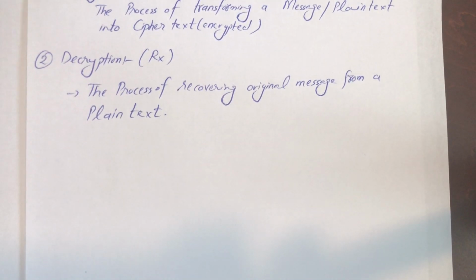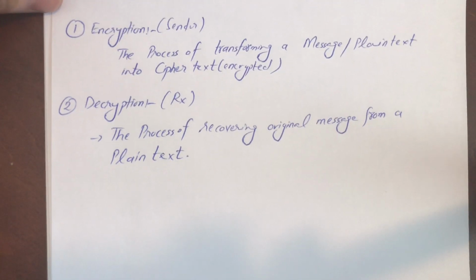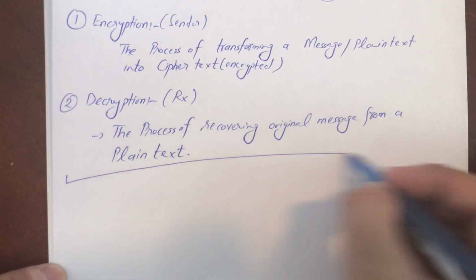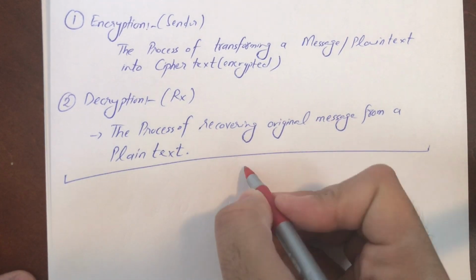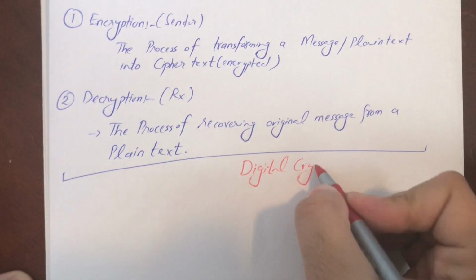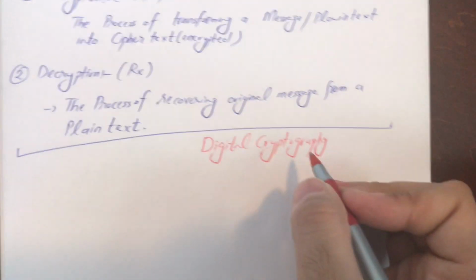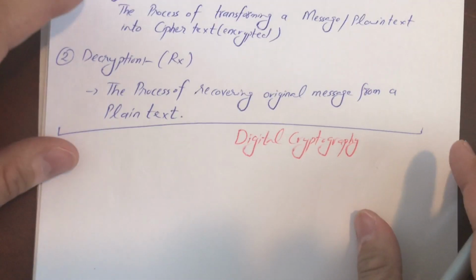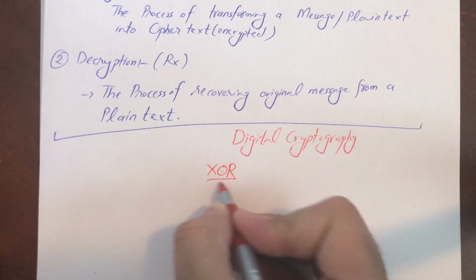Let me explain the concept of cryptography, encryption, and decryption from the digital cryptography point of view, like how we do encryption and decryption in the digital world. Firstly, we need to understand one thing. The first most widely used algorithm, or you can say function, is the XOR logic function.